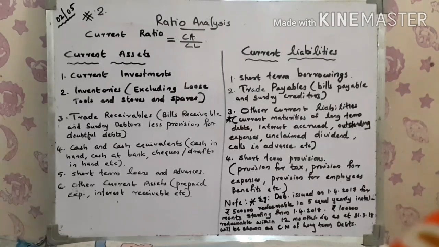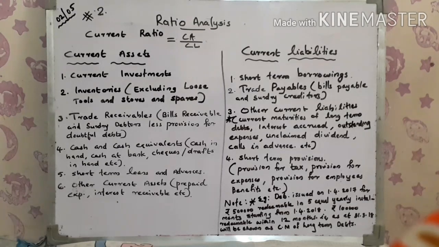Then let's check what items come under current liabilities. Before that, what are current liabilities? The liabilities repayable within 12 months from the date of balance sheet or within the period of operating cycle come under current liabilities. If any liabilities of this particular enterprise are paid off within a period of 12 months, they all come under current liabilities.